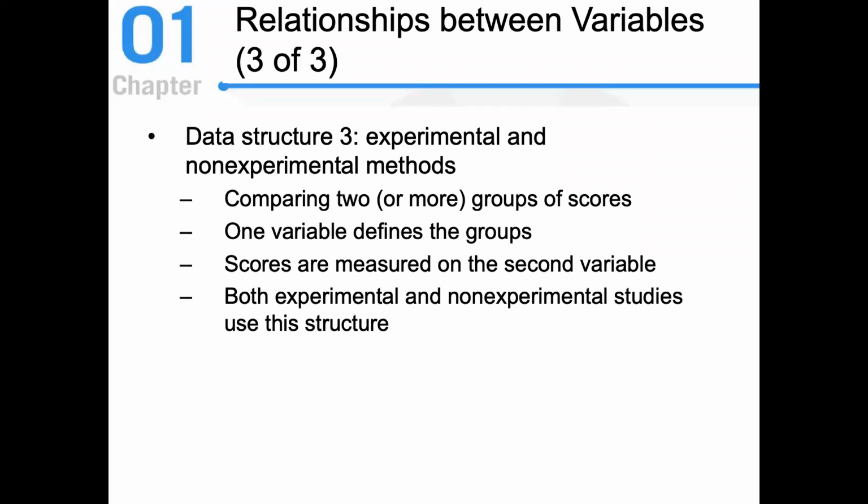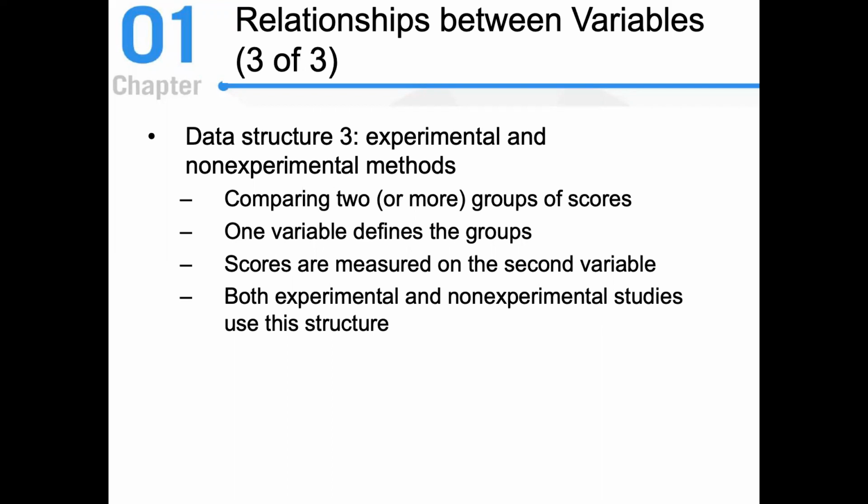Data structure 3, experimental and non-experimental methods, comparing two or more groups of scores. One variable defines the groups. Scores are measured on the second variable. Both experimental and non-experimental studies use this structure. You could also talk about quasi-experimental.